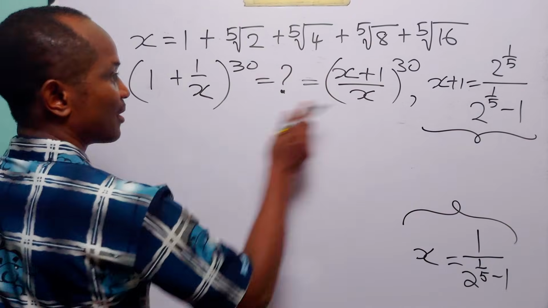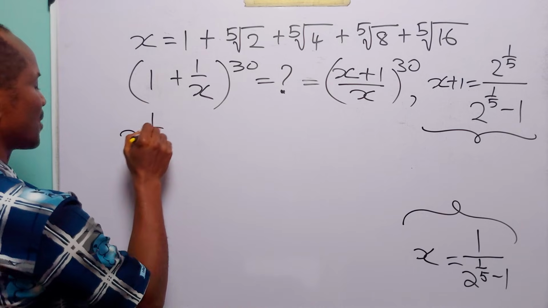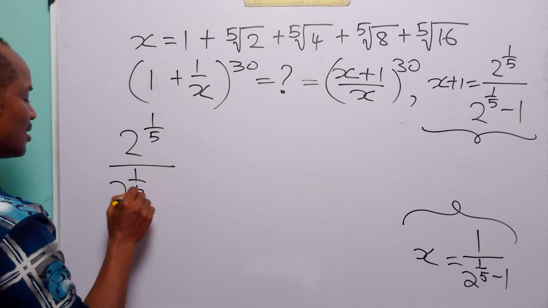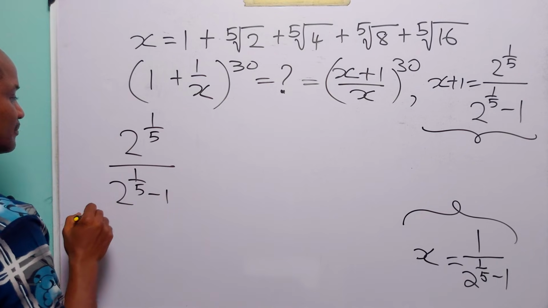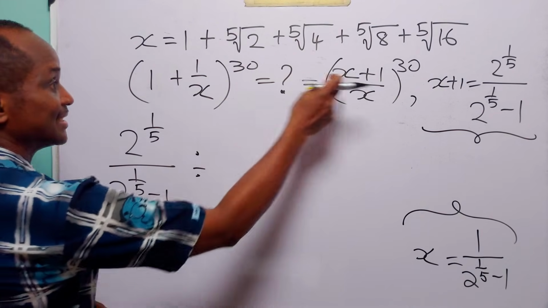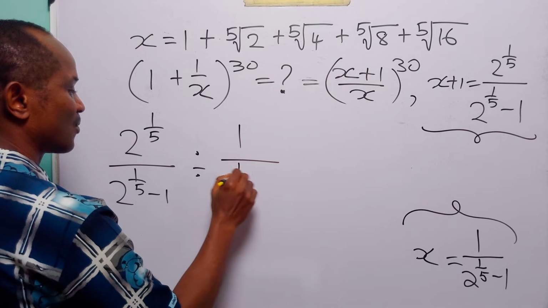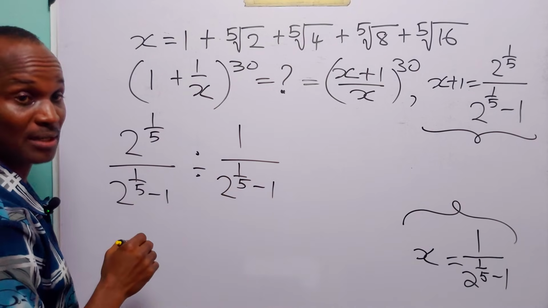To evaluate this, we now have 2 to the power 1 over 5 divided by 2 to the power 1 over 5 minus 1, divided by 1 over 2 to the power 1 over 5 minus 1.